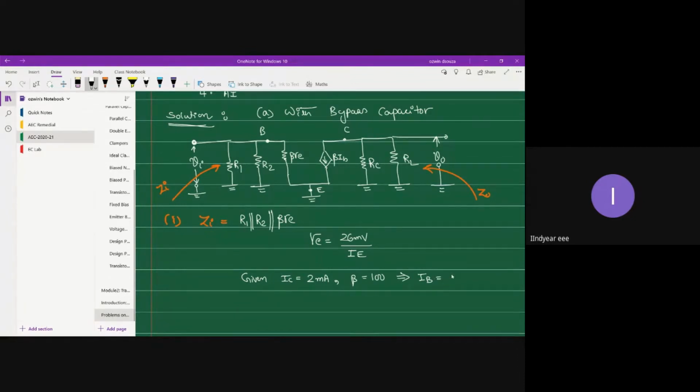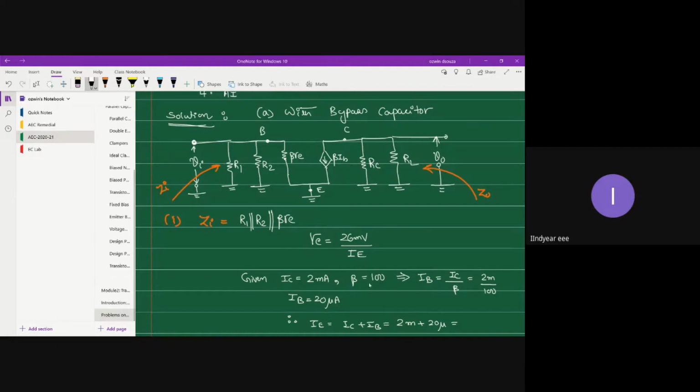So IB is IC by beta, 2 milli by 100. I guess that is going to be 20 micro. Okay. Yeah, it's 20 microamperes. So IB is equal to 20 microamperes. Therefore, your IE becomes IC plus IB. Okay. So that is 2 milli plus 20 micro.